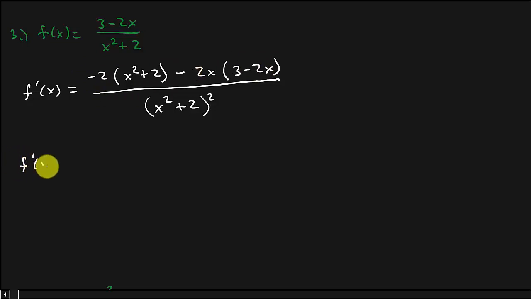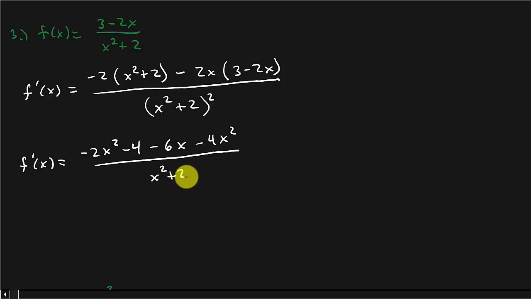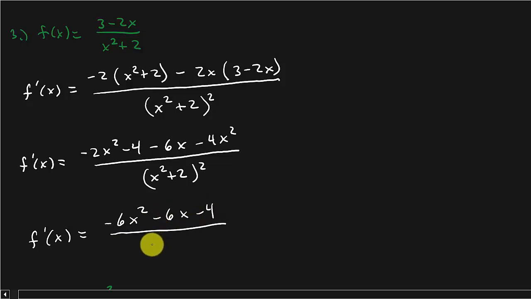And so f prime of x is equal to negative 2x squared minus 4 minus 6x minus 4x squared, all over x squared plus 2 squared. And so we're going to get f prime of x is equal to negative 6x squared minus 6x minus 4 over x squared plus 2 squared.